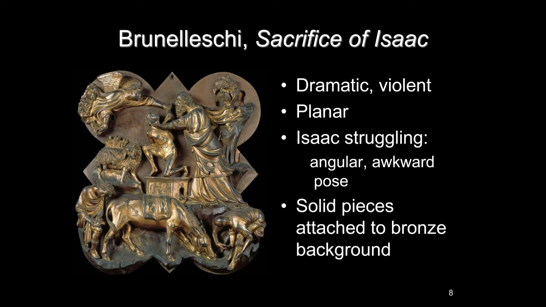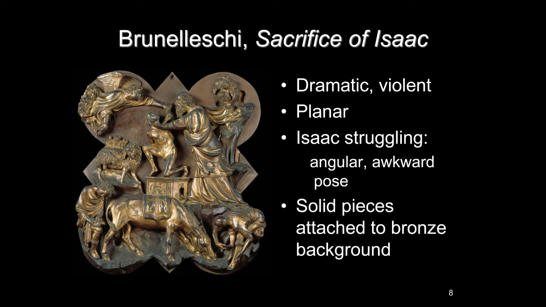Now, the entire composition of this is planar. It's set up in planes. For example, you have this foreground plane with the two servants and the donkey. And the donkey's body is parallel to the picture plane. So we sort of look over those, and then there is the main scene.